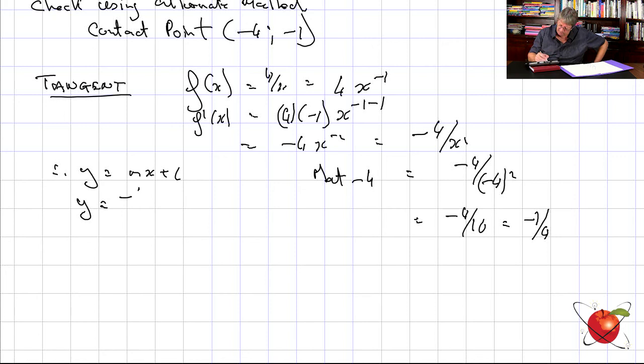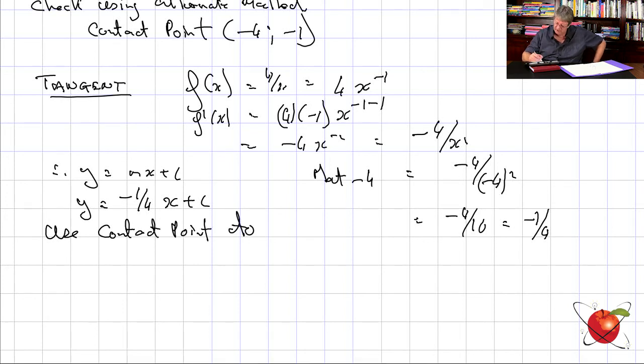And I end up with minus a quarter x plus c, and use the contact point to find c. So I say my contact point is going to be minus 1 equals minus a quarter times x, which is, that's m.